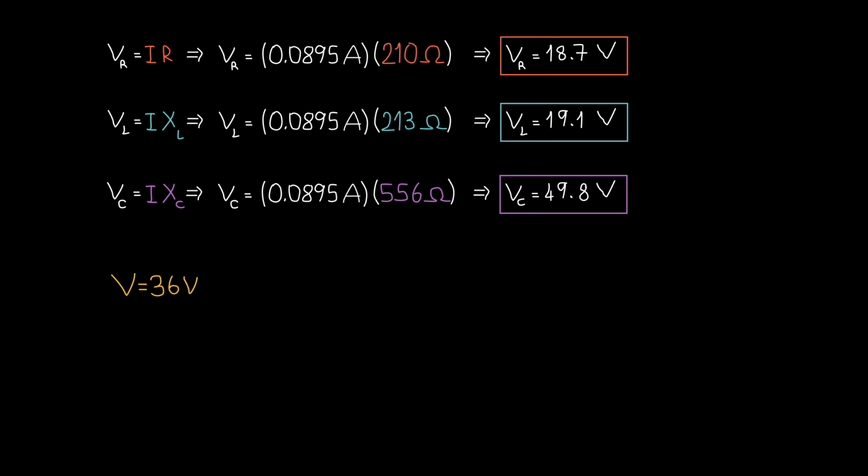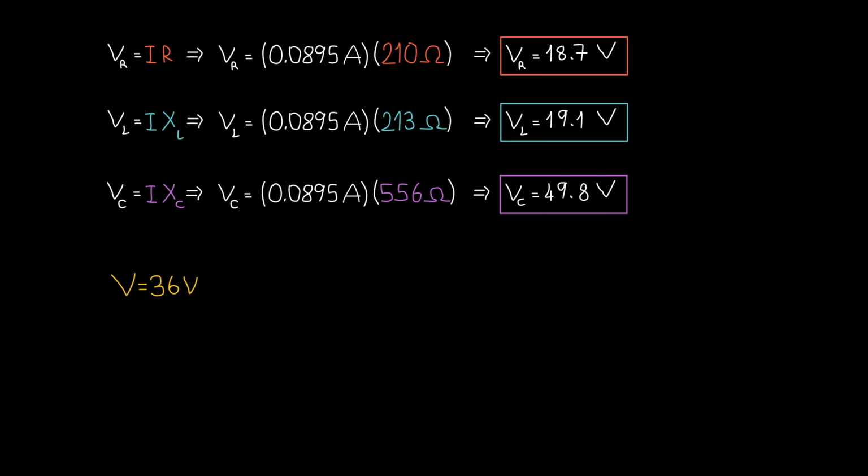Now let's calculate the voltage amplitudes for each circuit device. Even though we use these values in our calculations of the instantaneous voltages, we never calculated the voltage amplitude separately. Do we expect the sum of these values to be equal to the source voltage amplitude? Absolutely not. Why?